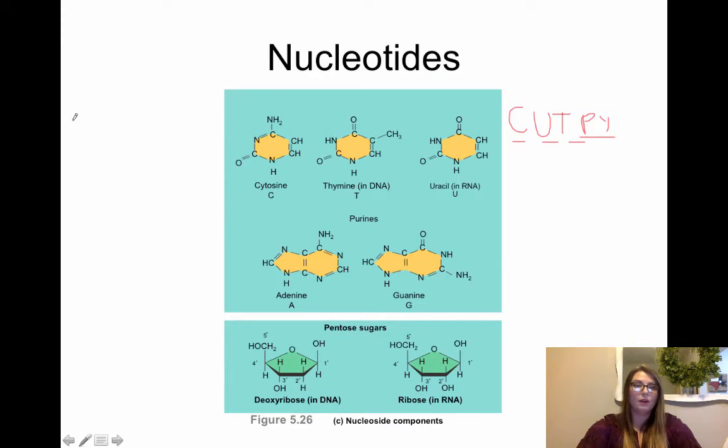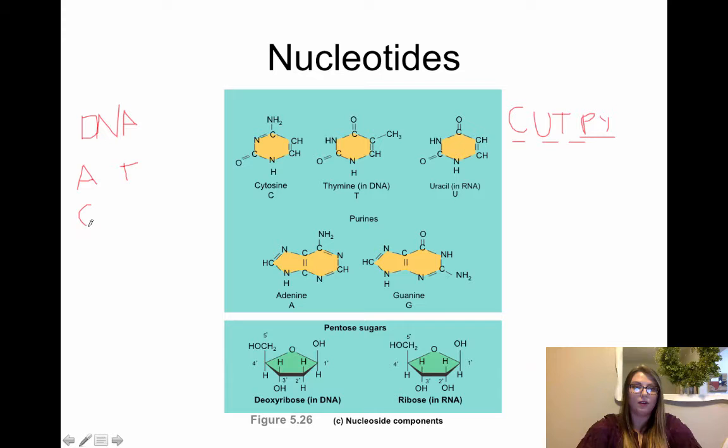So also, whenever we're talking about DNA, there are 4 bases that we need to know, and we need to know their complementary base. So in DNA, we have adenine, and that adenine is going to pair up with thymine.